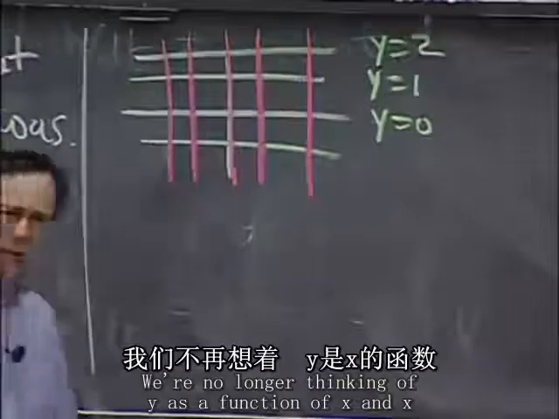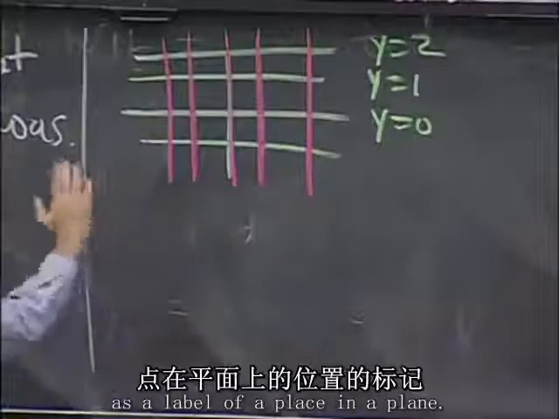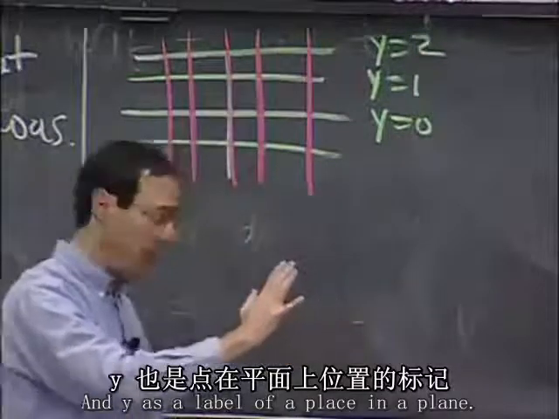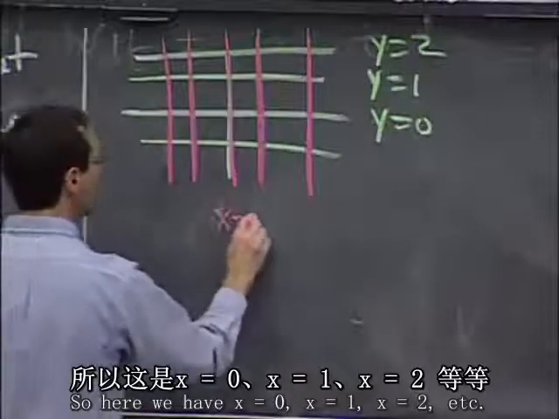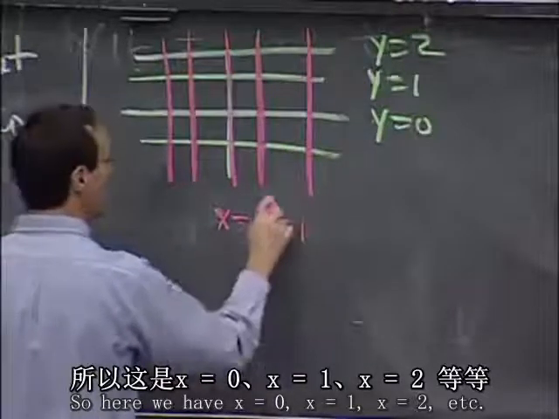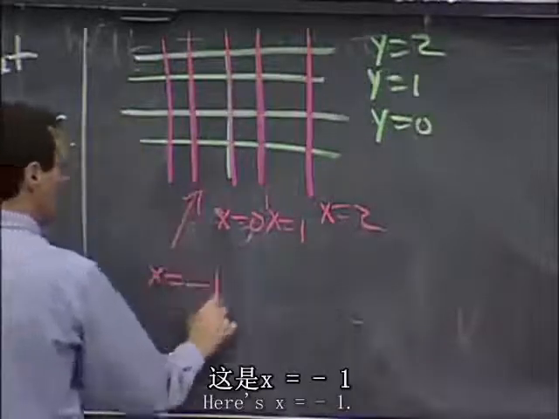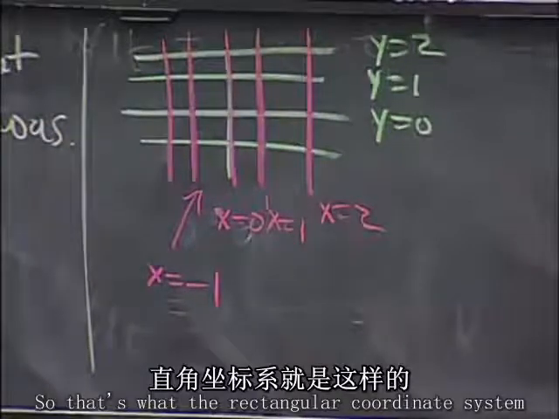We're no longer thinking of y as a function of x and x as a function of y. We're thinking of x as a label of a place in the plane and y as a label of a place in the plane. So here we have x equals 0, x equals 1, x equals 2, etc. Here's x equals -1, and so forth. All right, so that's what the rectangular coordinate system looks like.